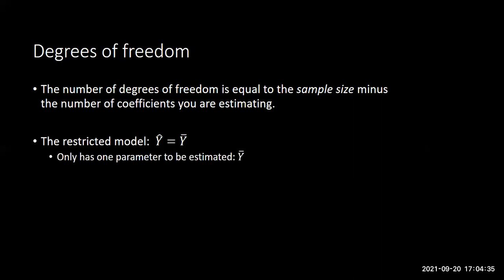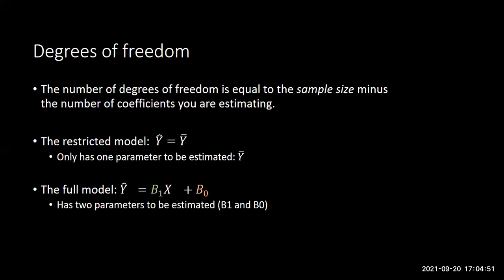So in my restricted model, my predicted y is equal to the mean of y, which means I'm only estimating one thing, the mean of y. In my full model, I have both a slope and an intercept. So I have two parameters to estimate, a b0 and a b1.